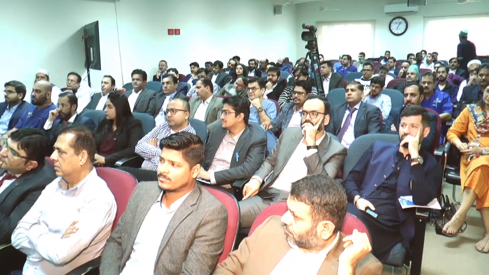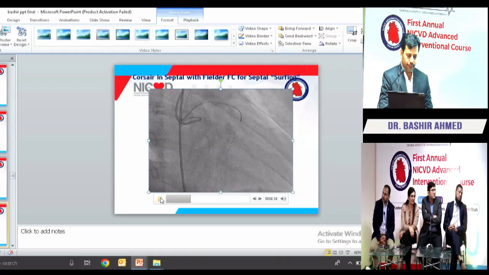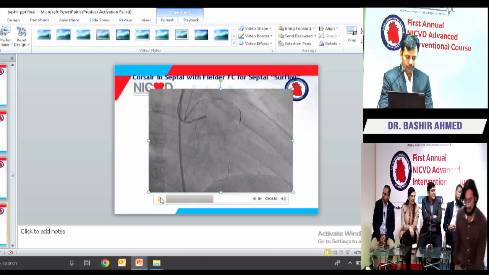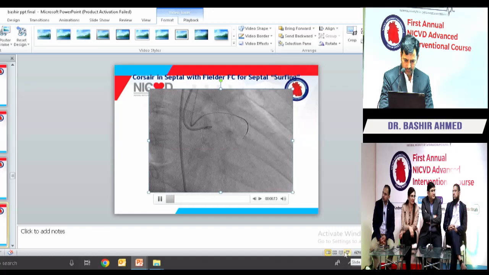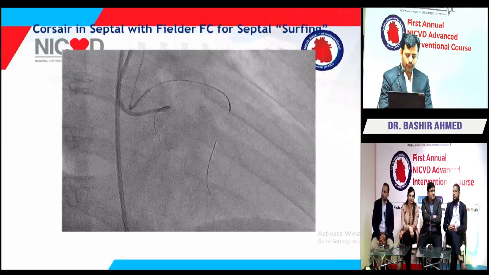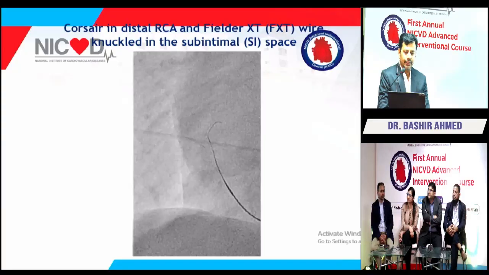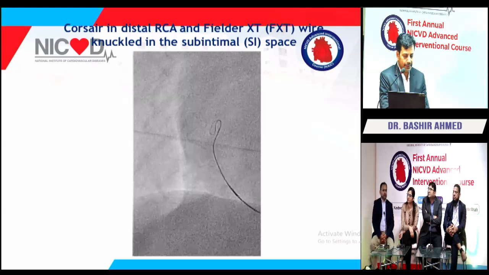Just to be clear, this is not my case, but I shared it with him so he could show us how sometimes it can be easy. If you look at that, the wire just goes down smoothly, goes into the PDA, and then comes right back. So it's the Corsair catheter and distal RCA with the knuckling of a Fielder XT wire into the subintimal space.